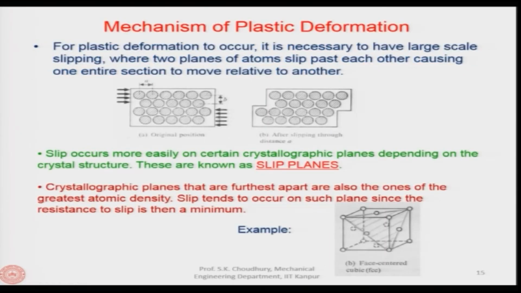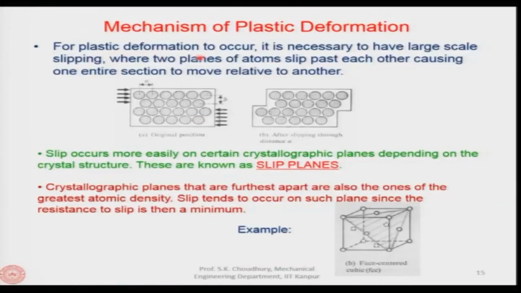Now, let us discuss the mechanism of plastic deformation. Let us try to describe this mechanism at the atomic scale. For example, if we have a lattice structure like this, as shown here. By lattice structure you understand that these are the atoms located in equilibrium positions in the material.